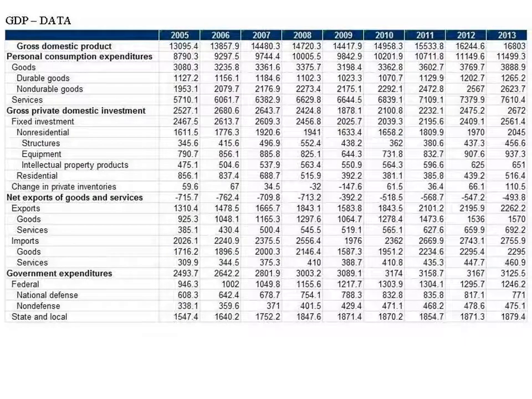Okay, economics fans, let's look at some real life econ data about our production as a nation from 2005 through 2013. So this is GDP data over the course of that time frame. Let's just look at some simple ideas to begin. If we look at the total numbers from 2005 to 2013, we recognize what we call the trend, right?